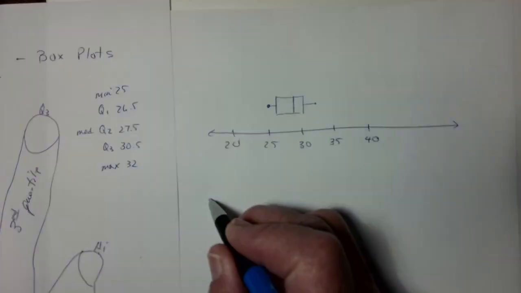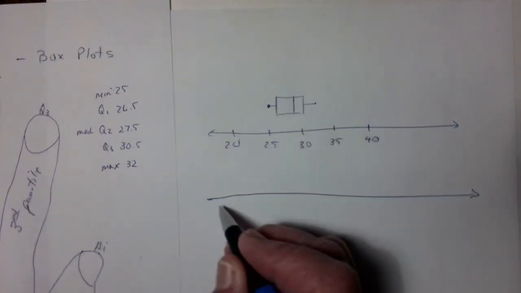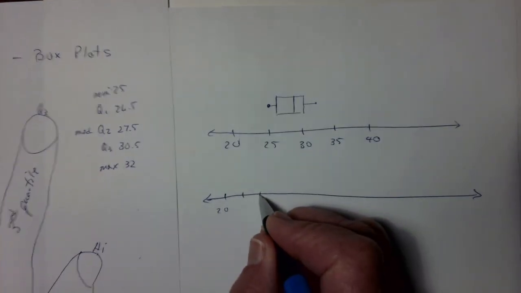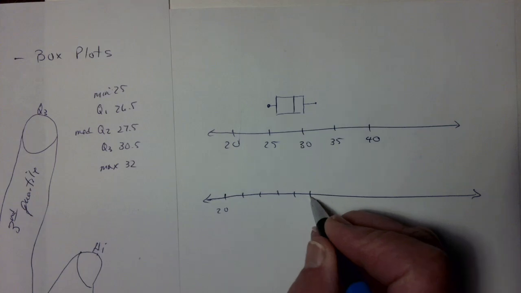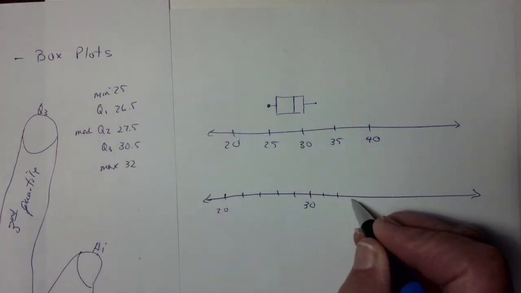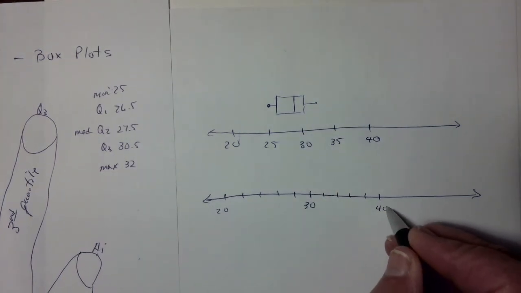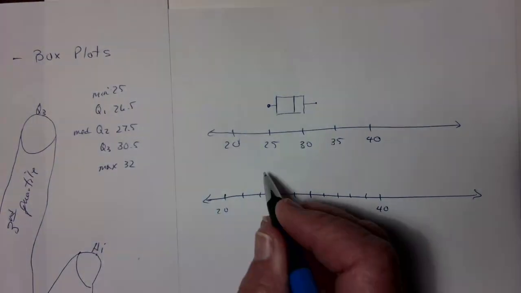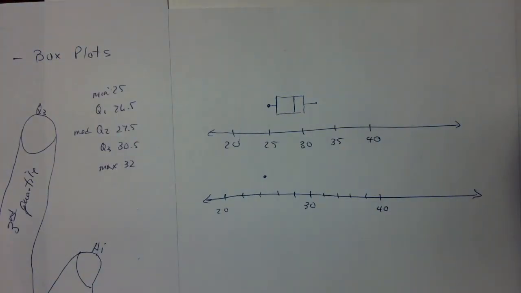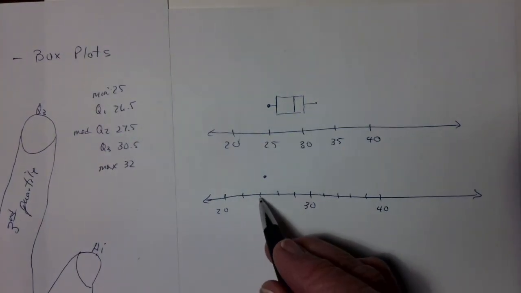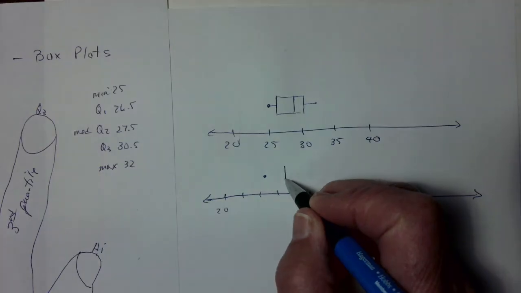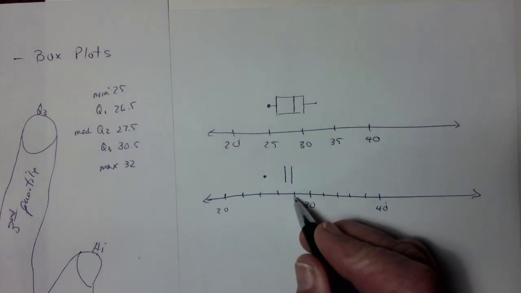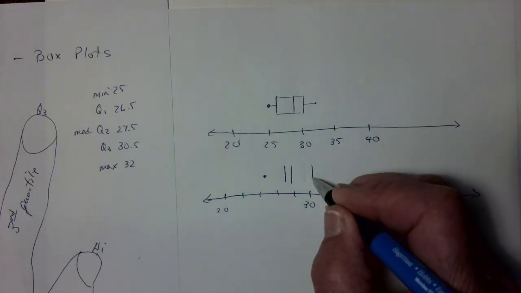Now, let's look and see how much better it would be if I spread that out a little bit more. Let's do 20, 22, 24, 26, 28, 30, 32, 34, 36, 38, 40. Let's spread it a little more. So 25 would be right about there. 26 and a half would be right about there. 27 would be right in there, right before 28. 30.5 would be a little past.